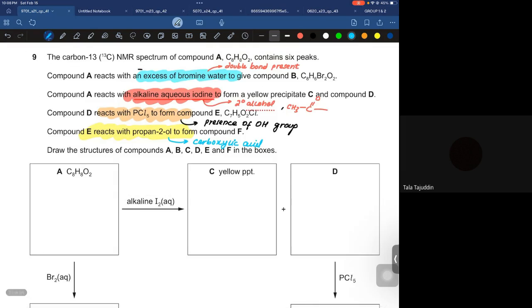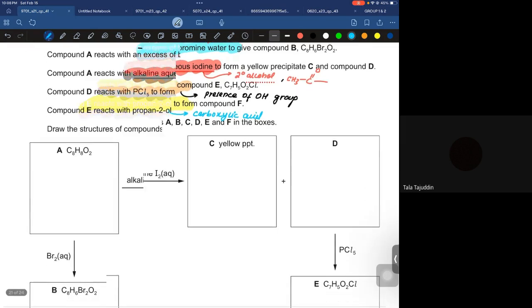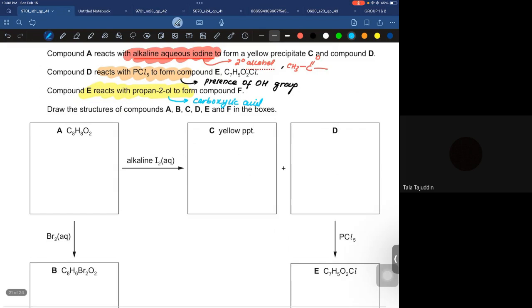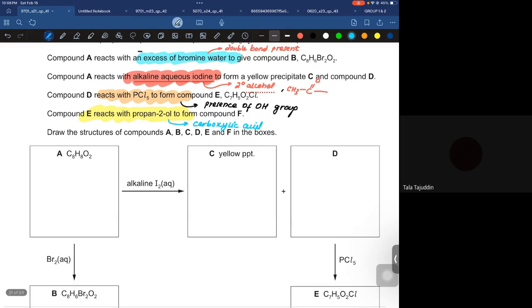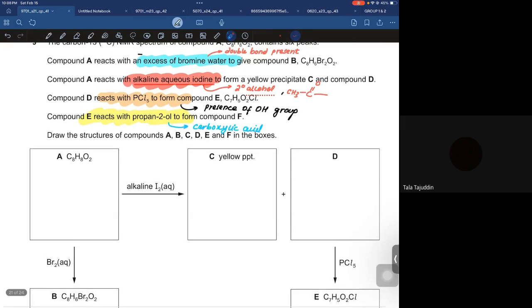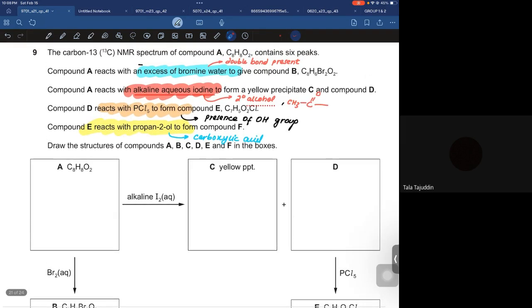So in this way, I can think that for compound A, you have to draw 8 carbon atoms. Your compound A must have a double bond, this group, a 2-degree alcohol, an OH group, and a carboxylic acid.